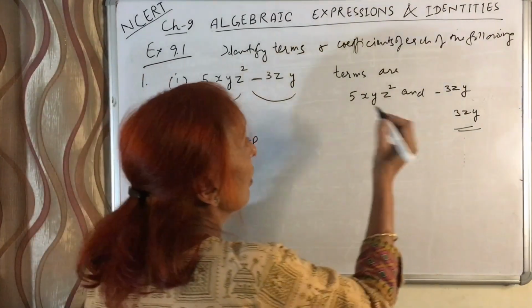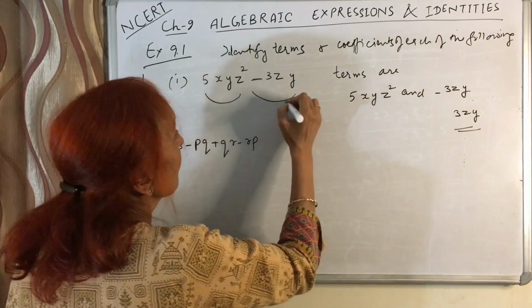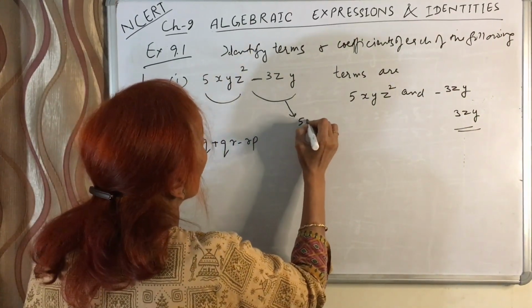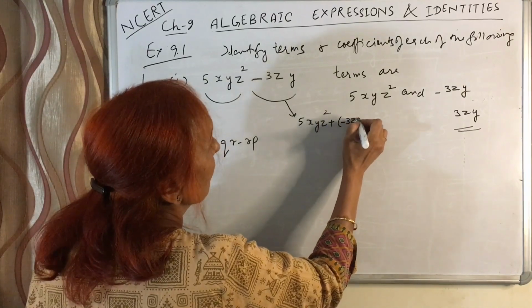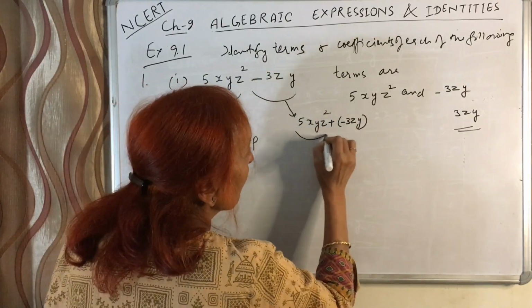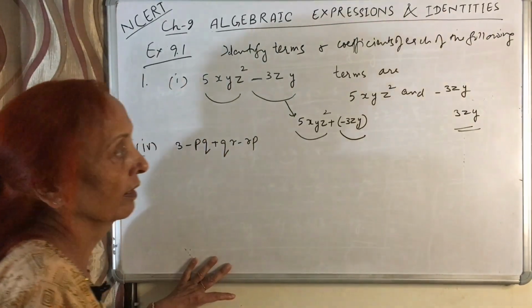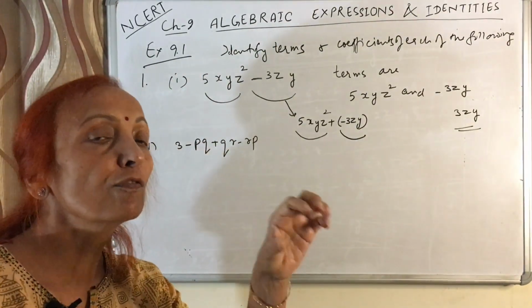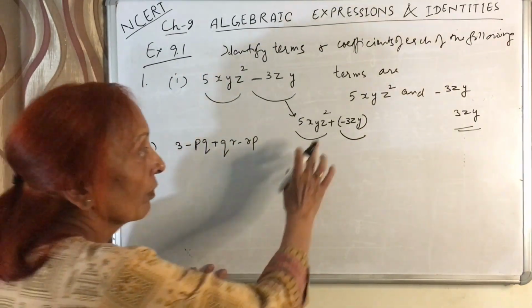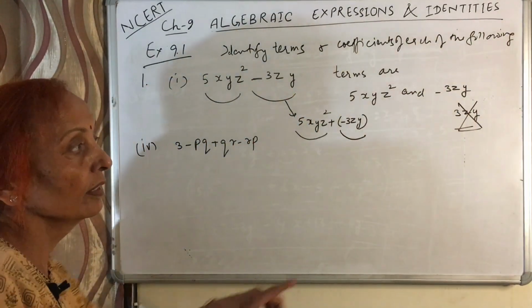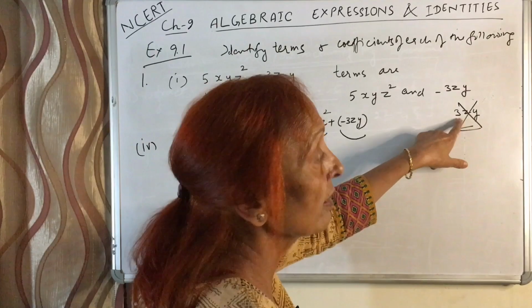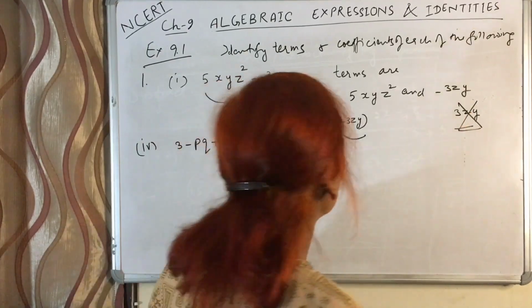So, how I can write this as 5xyz square plus minus 3zy. So, one term is this, one term is this. Terms are added to form the expression. So, one term is this, another is this. Had I written this, it would have been wrong.